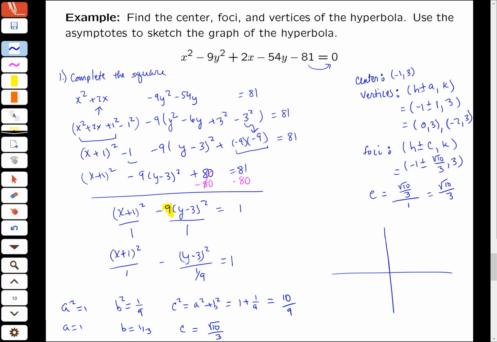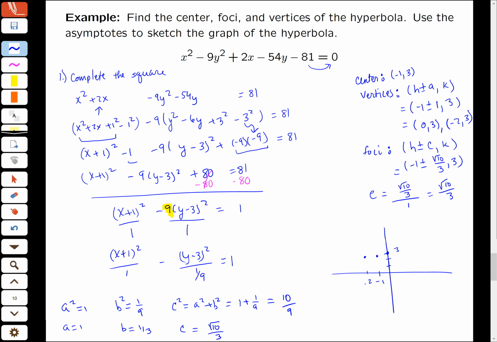Just like we did with ellipses, we're going to go left and right the square root of the amount under X. The amount under X is 1, so I'm going to go left and right the square root of 1, which is 1. So that means I go to here and here.